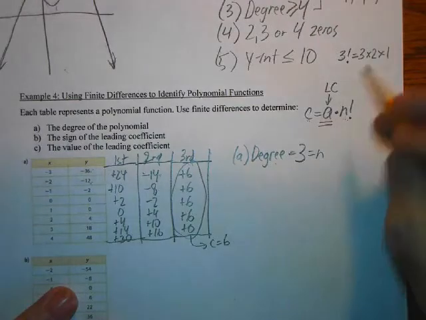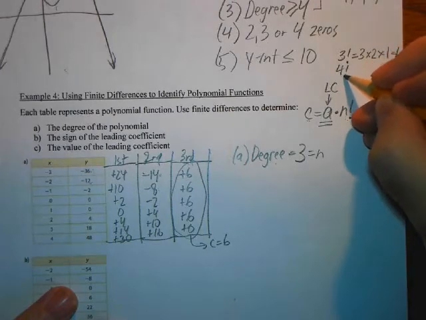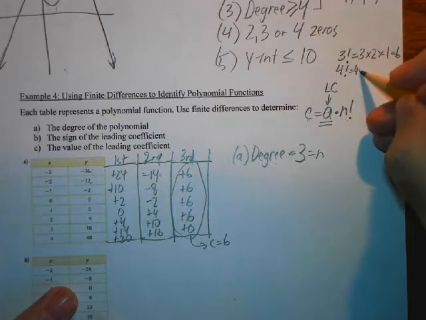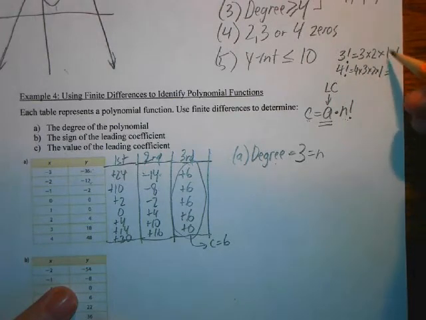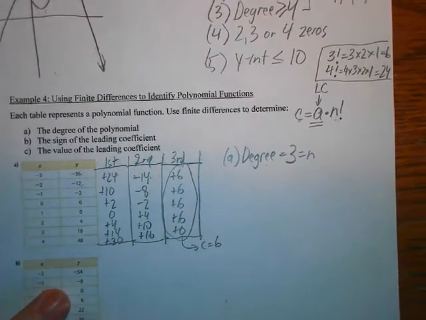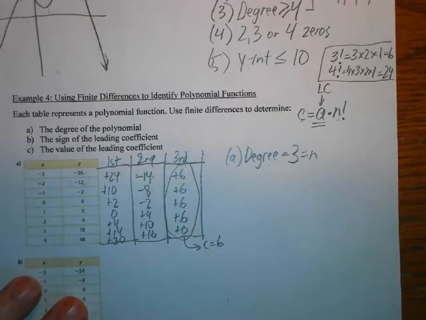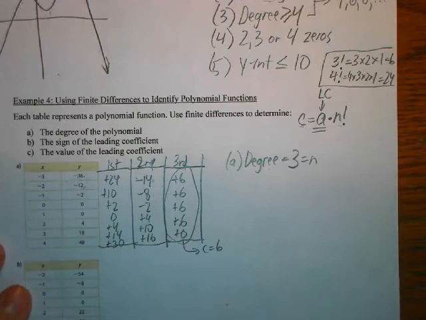So 3 factorial is equal to 3 times 2 times 1, that's 6. 4 factorial would be 4 times 3 times 2 times 1, which is basically multiplying this by 4, so that's 24. Those are some examples of using it. You can just imagine if you had a big number like 16 factorial, it gets big very, very fast.